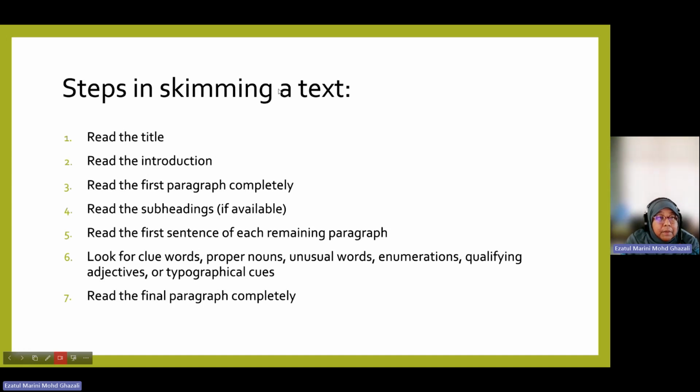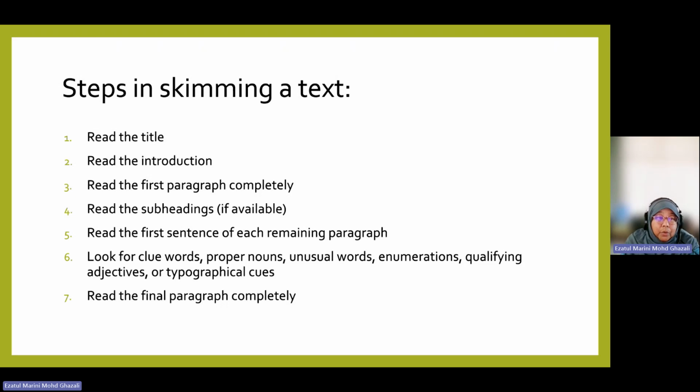Okay, there are 7 steps that you can apply in skimming a text. Number one, you can read the title. By reading the title, we will get some idea of what is basically the content of the piece of material which is in hand. And then, if we are reading text, normally there will be paragraphs.